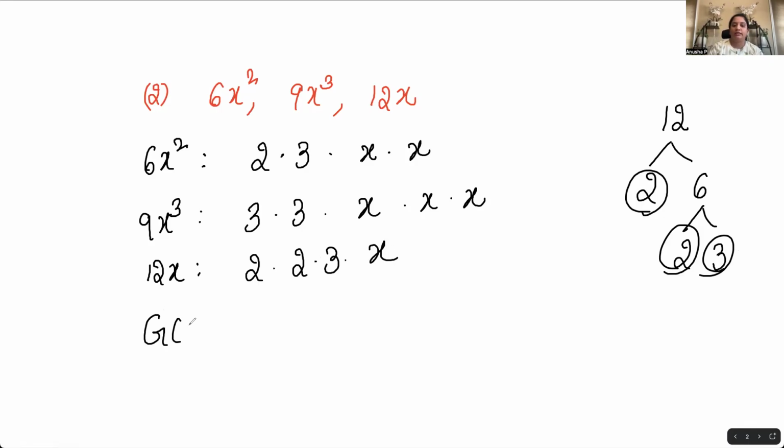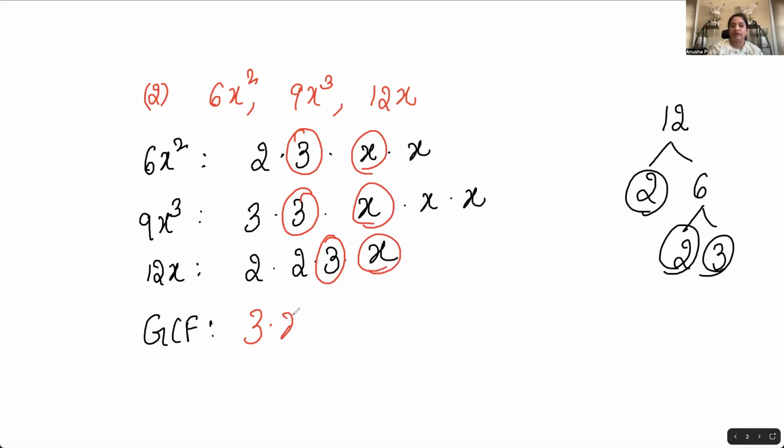In order to find the greatest common factor of these monomials, we have to take the common factor out. So, what is the first common factor in all the three numbers? All the three monomials have 3 as a common factor. So, we are writing 3. And all the three monomials have a common factor x. So, we can write GCF as 3x.